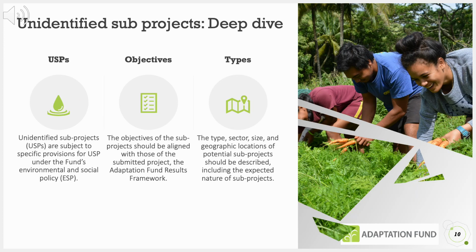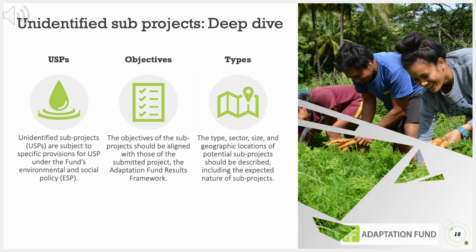Unidentified sub-projects, USPs, are subject to specific provisions under the Adaptation Fund's environmental and social policy. The objectives of USPs must be aligned with those of the project and the Adaptation Fund's results framework. The type, sector, size, and geographical areas of the USPs should be fully described.